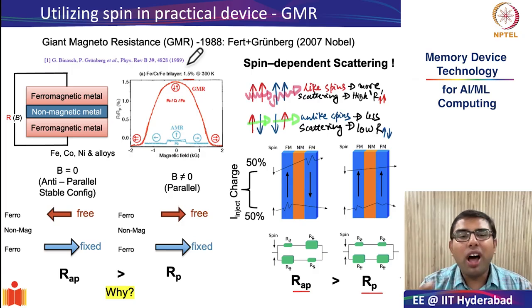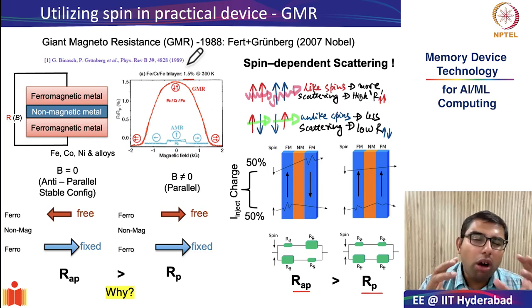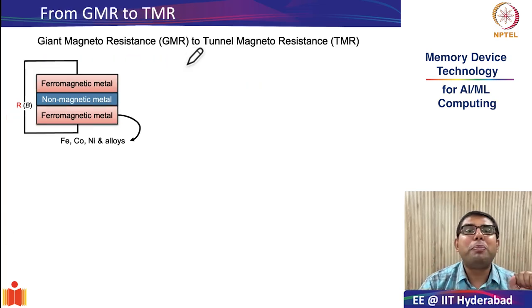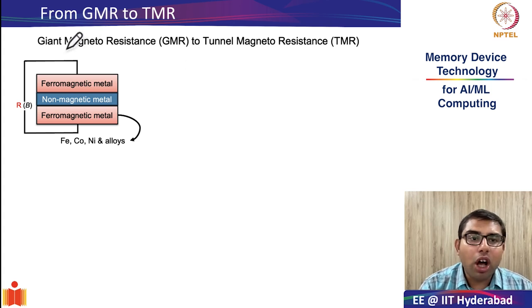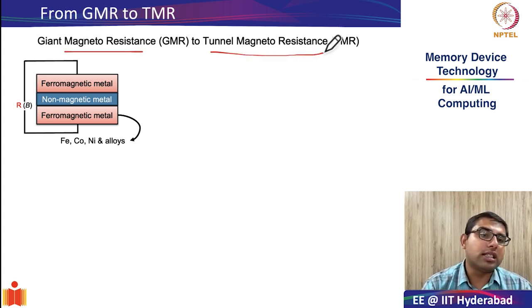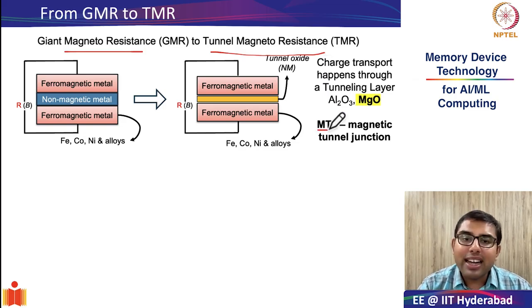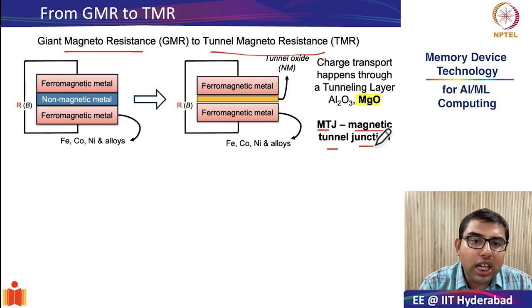And this small number of 30% is not really enough to make useful devices. Therefore, people started moving from the phenomenon of giant magnetoresistance to tunnel magnetoresistance. Now, what is tunnel magnetoresistance? Tunnel magnetoresistance is the phenomenon that happens in a magnetic tunnel junction. So let me define what a magnetic tunnel junction is.